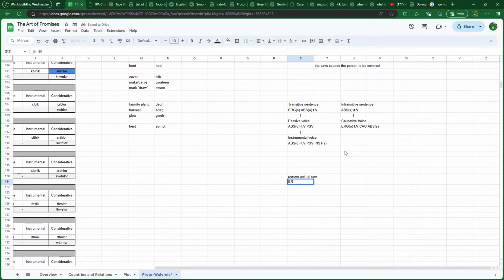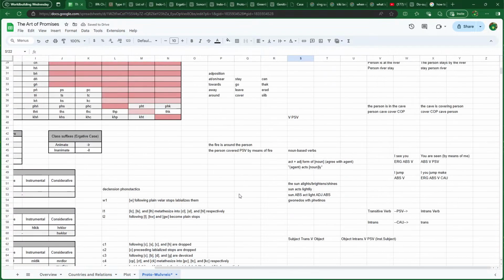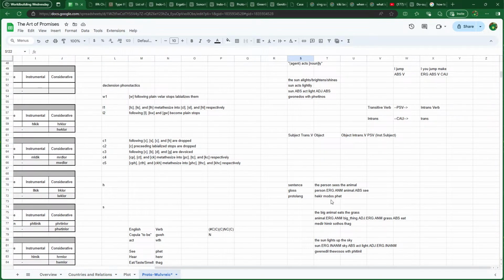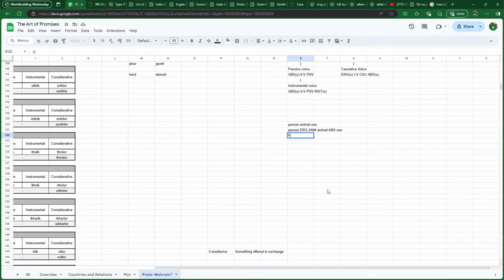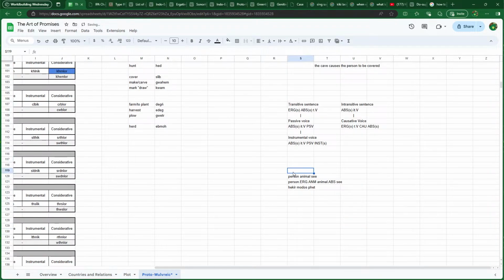So this is person, ergative, animate, animal, absolutive, see. Which turns into, we have it up here, Hakir modos pet. So Hakir modos pet. This is a transitive sentence.